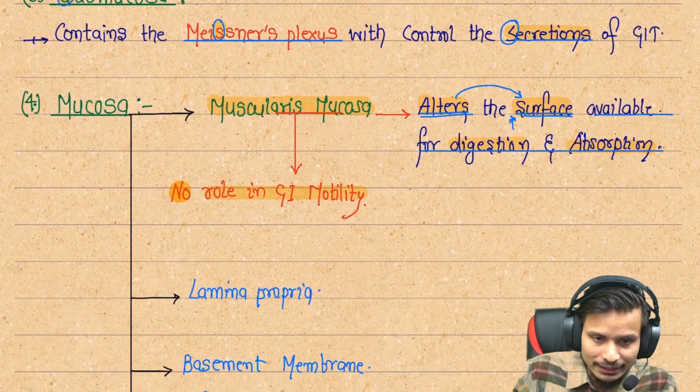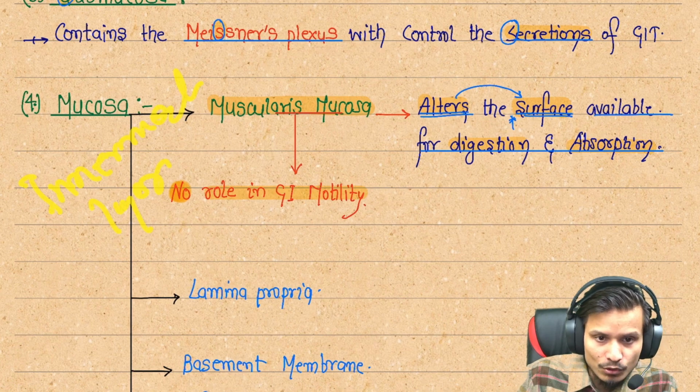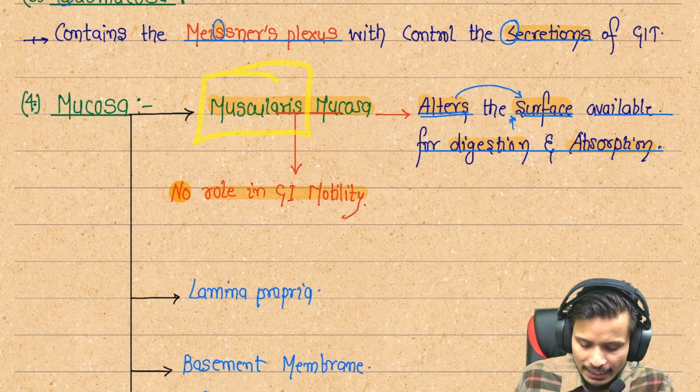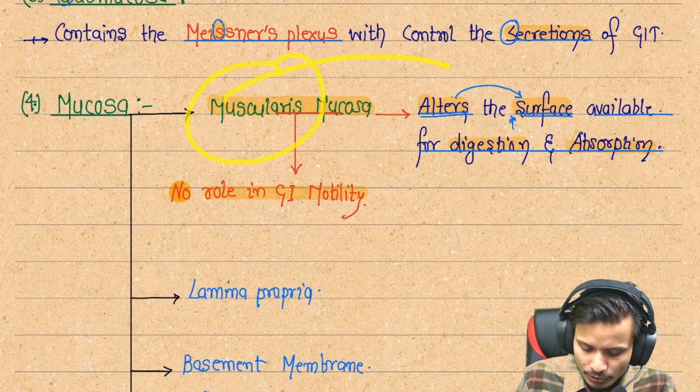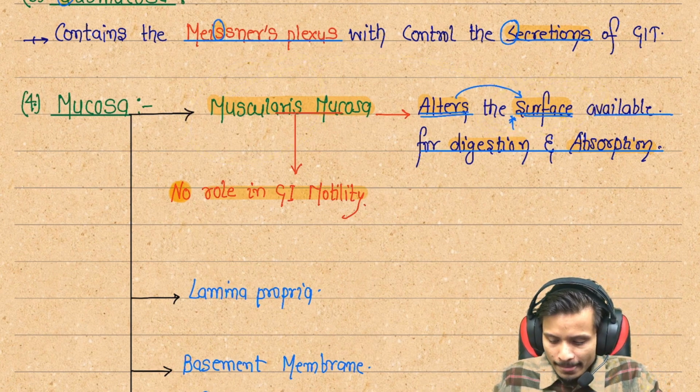Next, the last layer, the innermost layer, is the mucosa, and this mucosa also has the muscularis mucosa, some muscle part, that can alter the surface of the innermost layer.